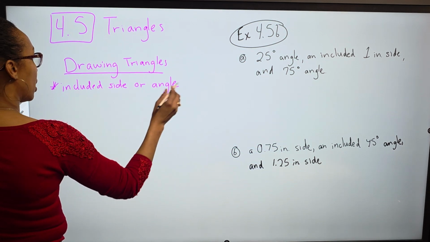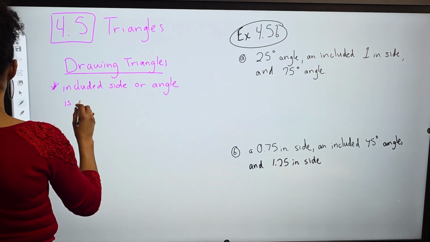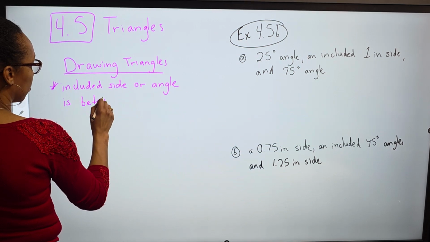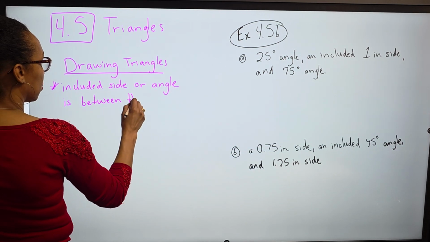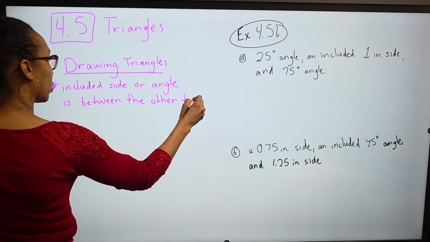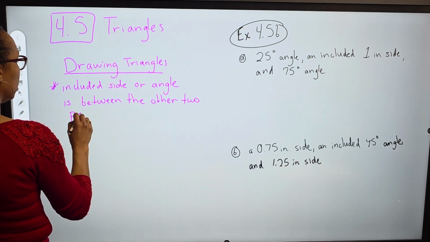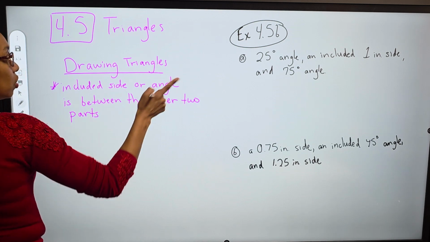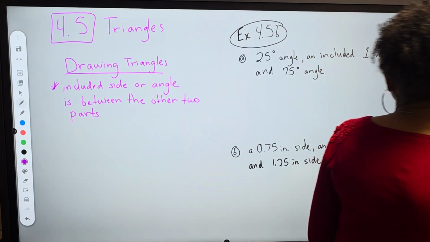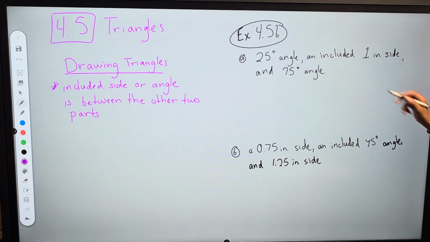Okay, so an included side or angle is between the other two pieces, or other two parts. So in our first example here, it tells us that we have a 25-degree angle and an included 1-inch side and a 75-degree angle.